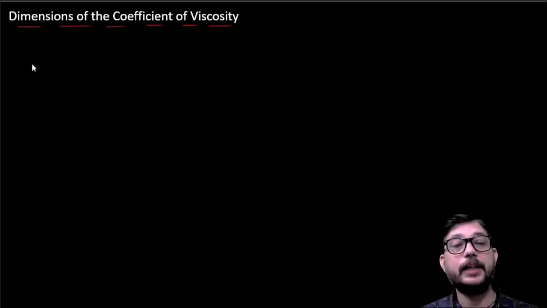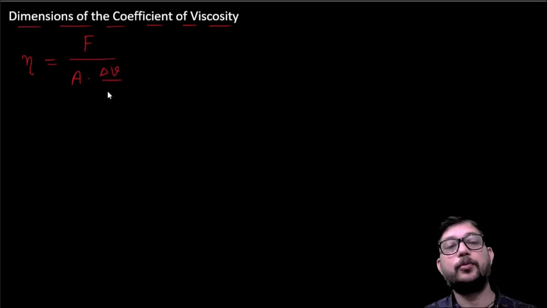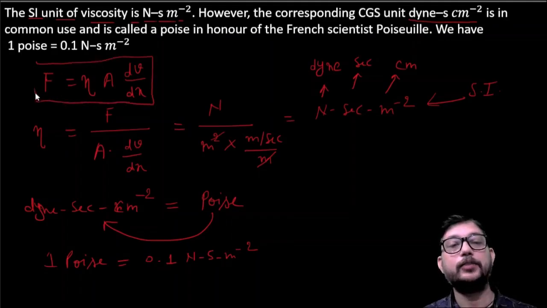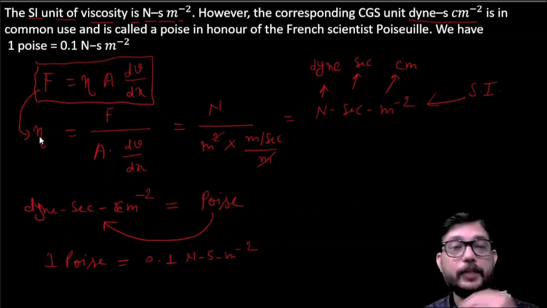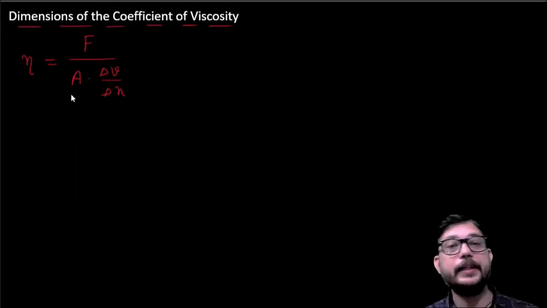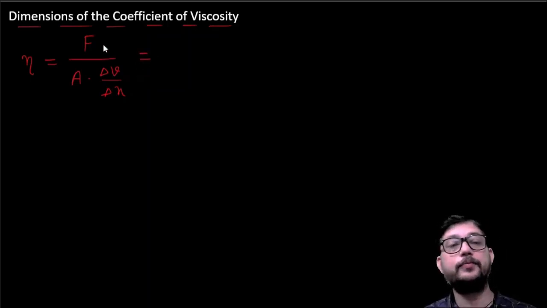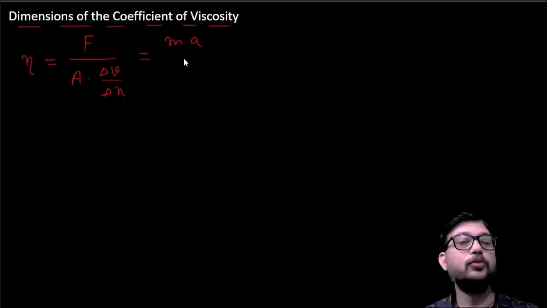For that we will again write the formula of the coefficient of viscosity, F upon A times delta V upon delta X. By using this main formula we have derived the formula for eta, that is F over A times dV upon dx, or delta V upon delta X. Now we have to calculate the dimension. In place of force we can write m into a, because force is nothing but mass into acceleration.